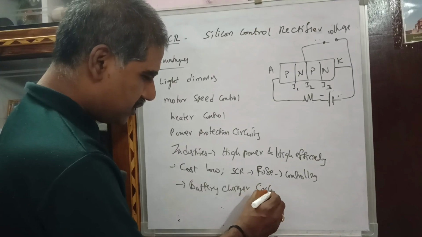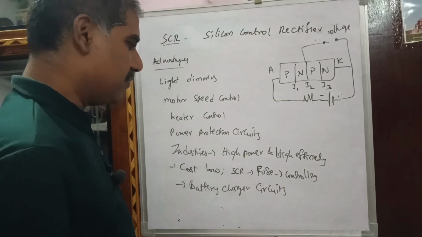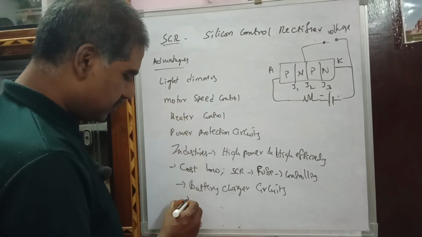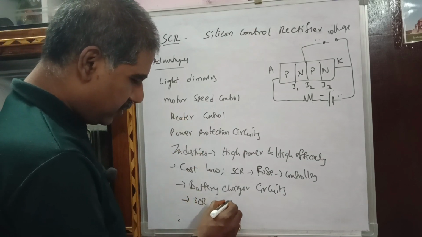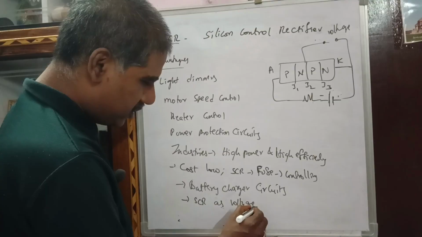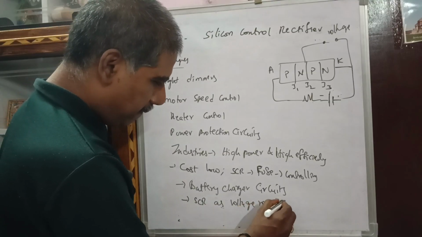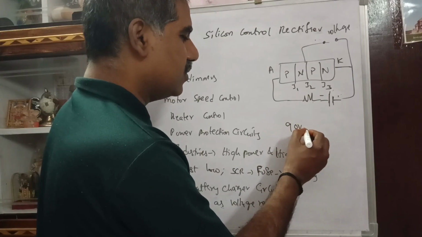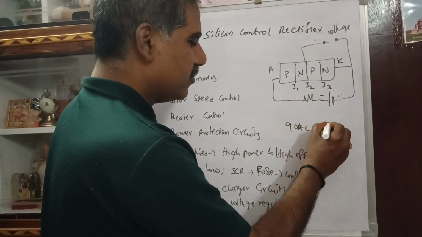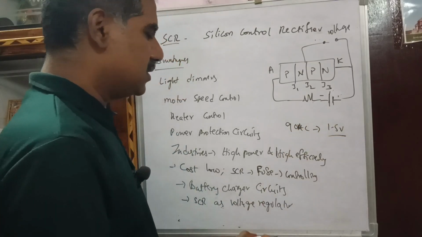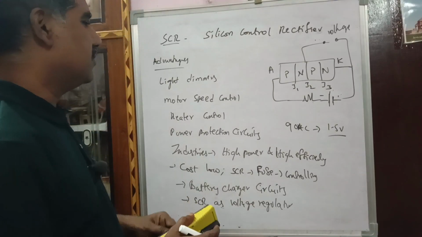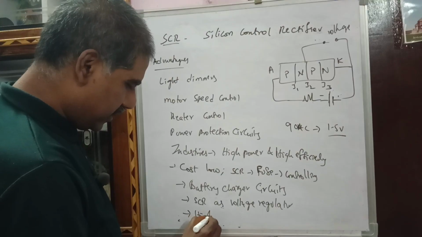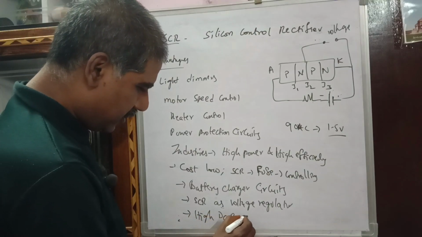There are a number of advantages and applications for the SCR. A famous application is as a voltage regulator. For example, a 90 volt AC voltage can be operated with 1.5 volts. That is a famous application. It can also be used in high DC power transmission.